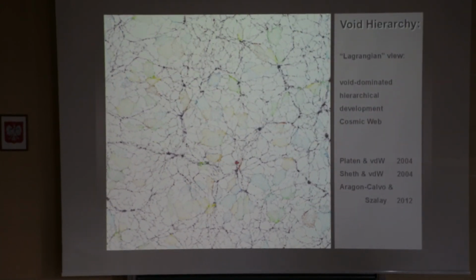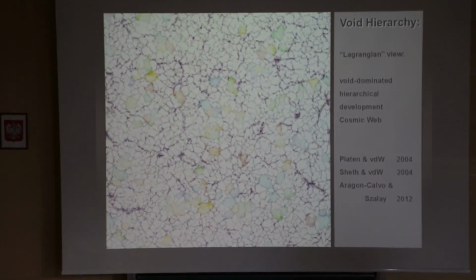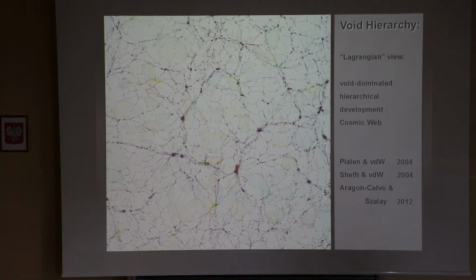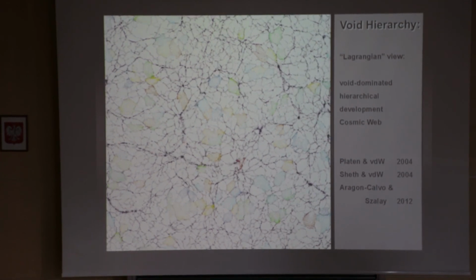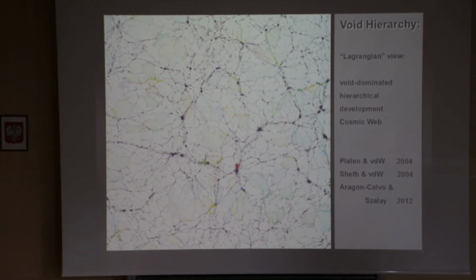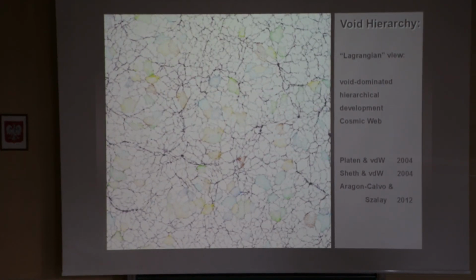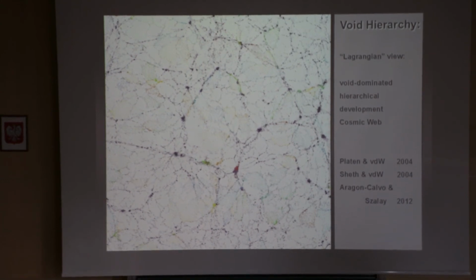Here you have a rendering of what happened to the void distribution, starting with the void distribution at a redshift of 2, identifying them in a particular way, and then you follow what happens with the mass distribution. You see these small voids merge into larger and larger voids, an ever-continuing story, the hierarchical buildup of structure.